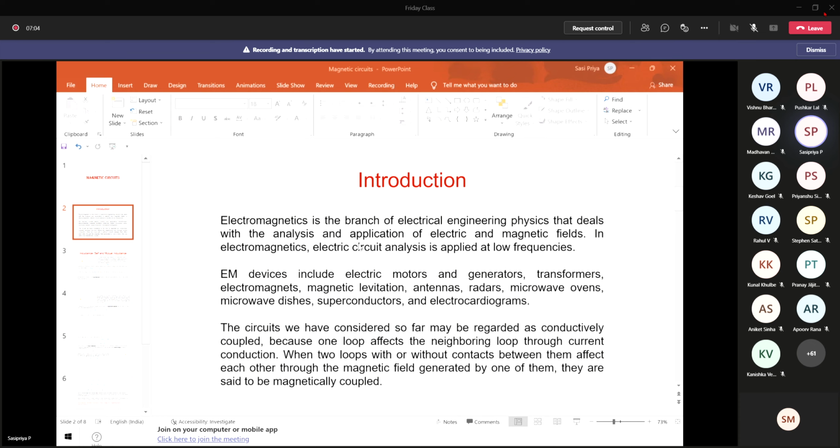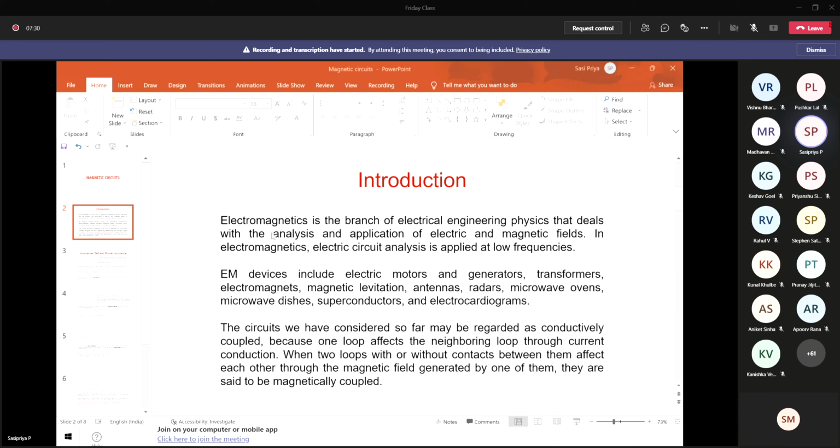But there is another interesting thing invented by Faraday, that is called an electromagnet. An electromagnet is nothing but you will have a magnetic material as a core, and a coil is wound over the core. When electricity is passed through the coil, there is going to be a magnetic field.